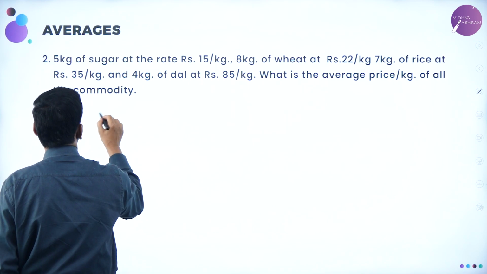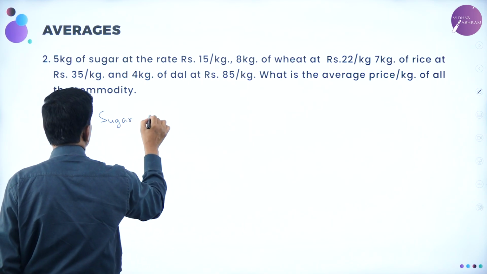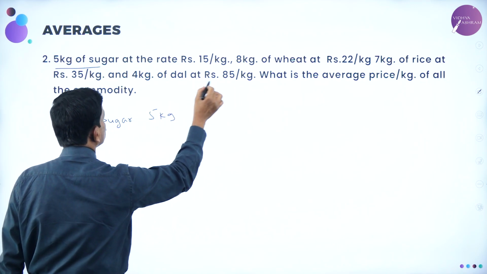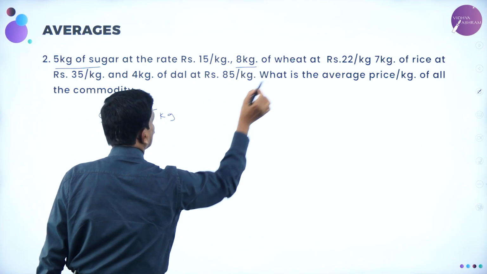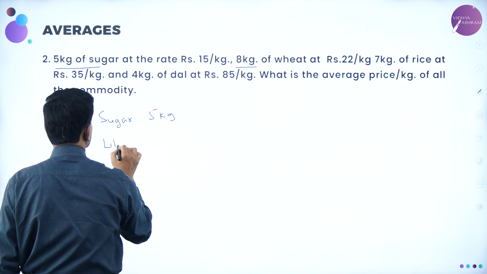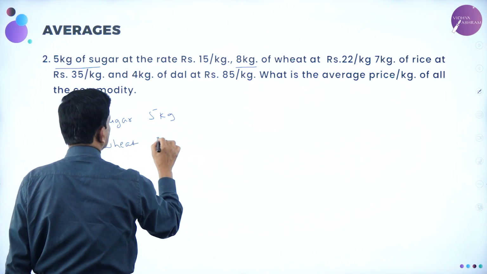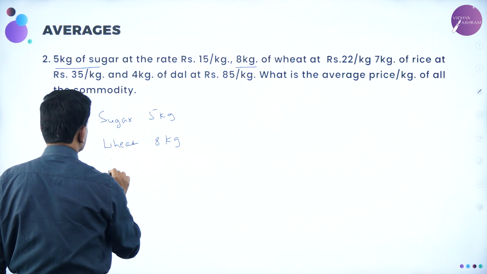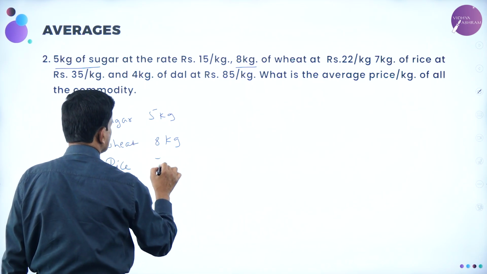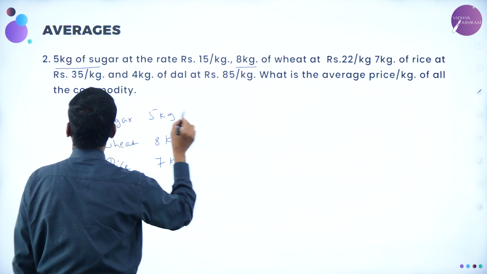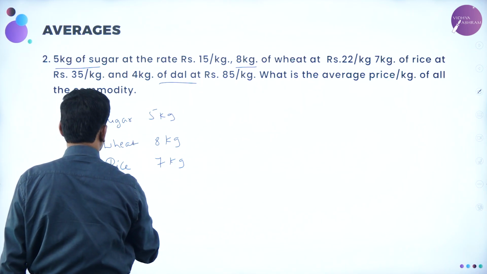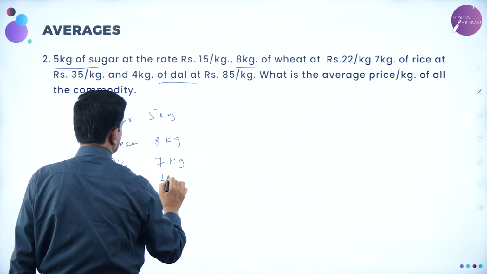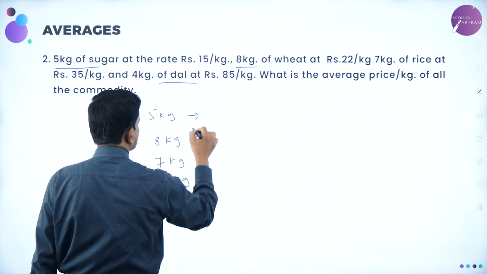Then 8 kg of wheat. And again 7 kg of rice. And then dal, how many kgs? 4 kg of dal. So what is the cost given?